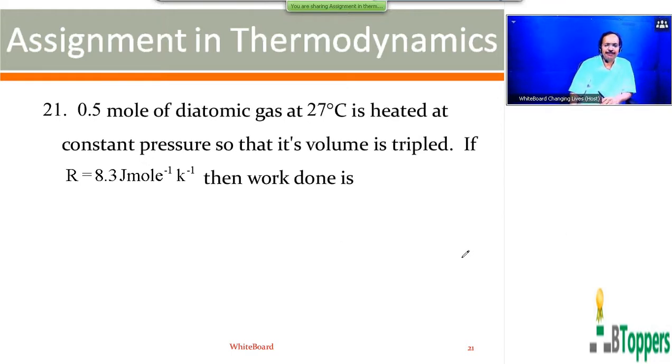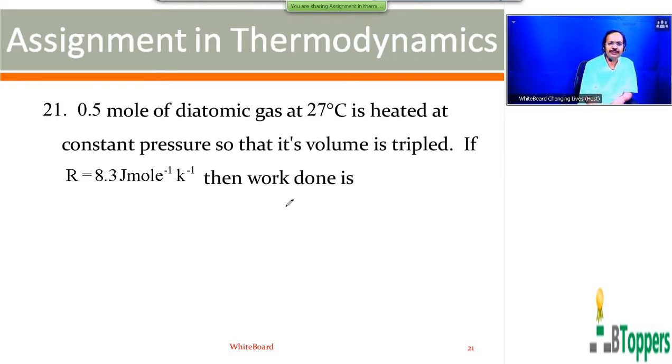See question number 21. 0.5 mole of a diatomic gas at 27 degrees centigrade is heated at constant pressure so that its volume is tripled. If R equals 8.3 joule per mole per Kelvin, the work done is?